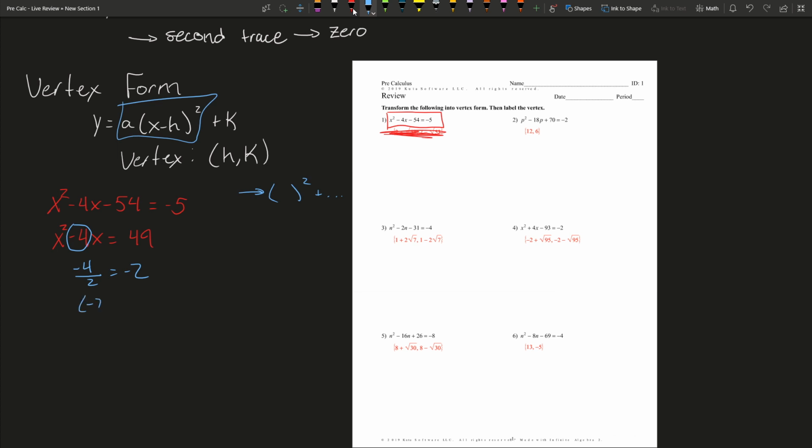Then we take that value and square it, which gives us 4. Then we have to add this to both sides of our equation to keep it balanced. So we get x squared minus 4x plus 4 is equal to 49 plus 4. If we simplify that, we get x squared minus 4x plus 4 is equal to 53.